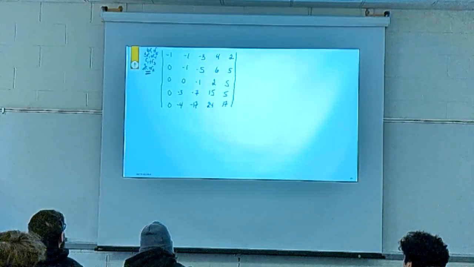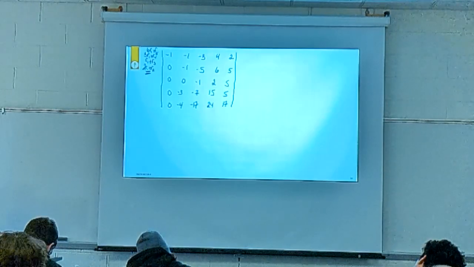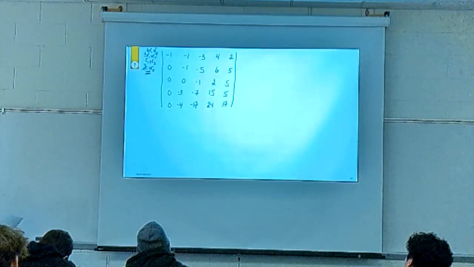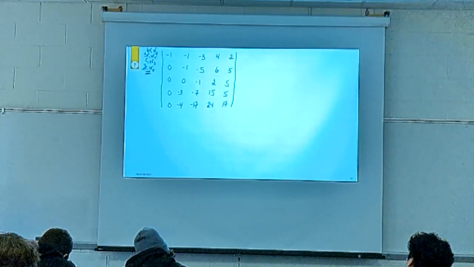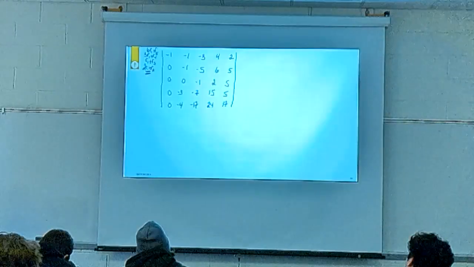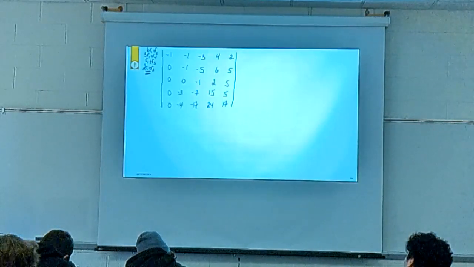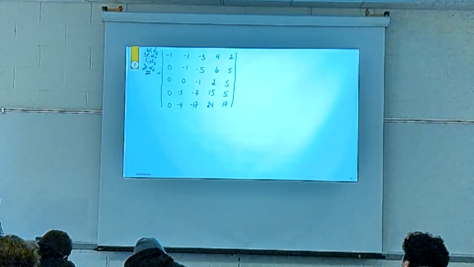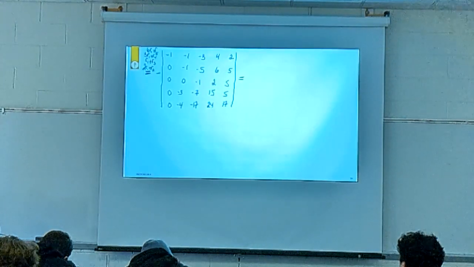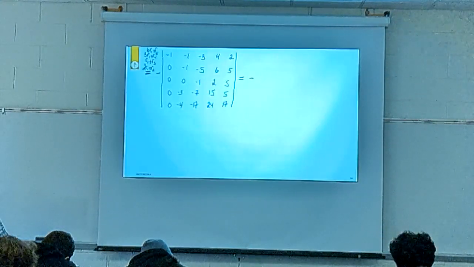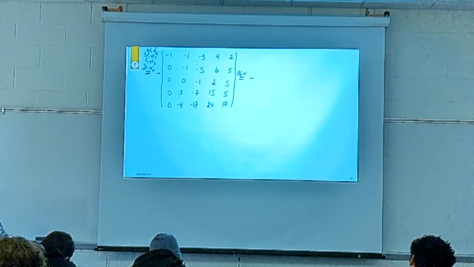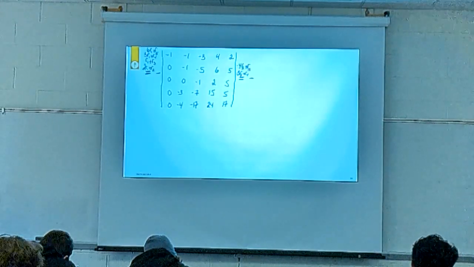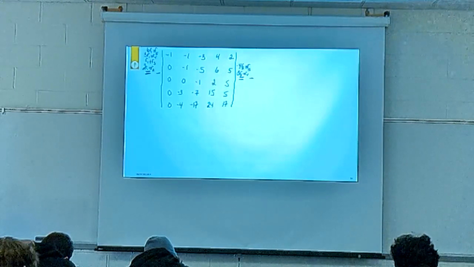What you should get? Oh, that's nice. Let me do my negative. Negative 3, row 2 plus row 4, and then negative 4, row 2 plus row 5.